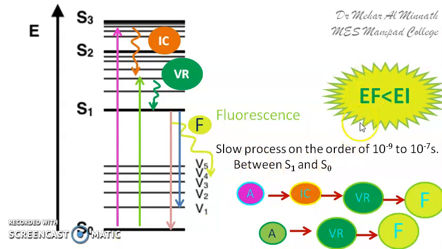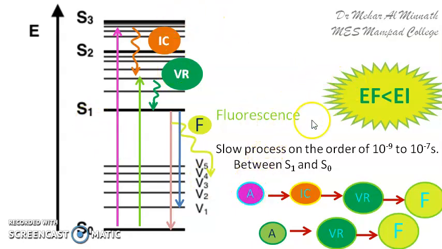So EF is less than EI: the fluorescent energy is less, or the wavelength of the fluorescent radiation will be greater than the wavelength of the irradiated, we can say incident, radiation.